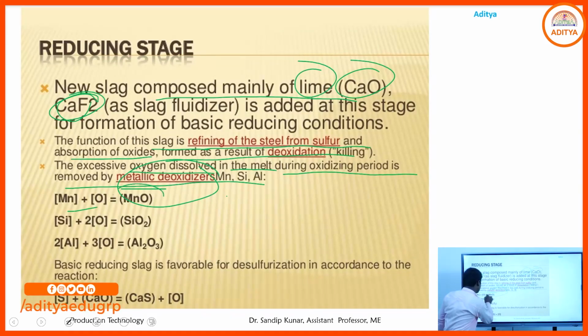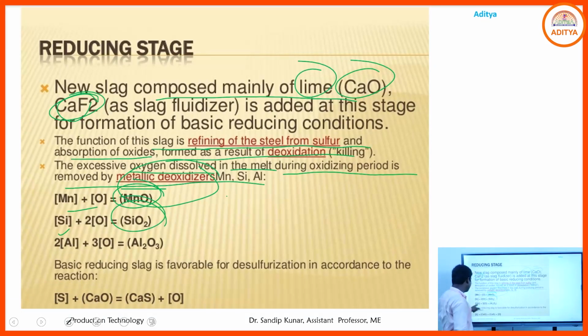Mn plus O forms MnO, manganese oxide. Silicon plus oxygen forms silicon dioxide. Al, aluminium plus oxygen, forms aluminum oxide.